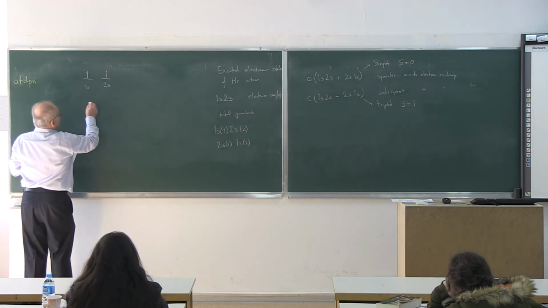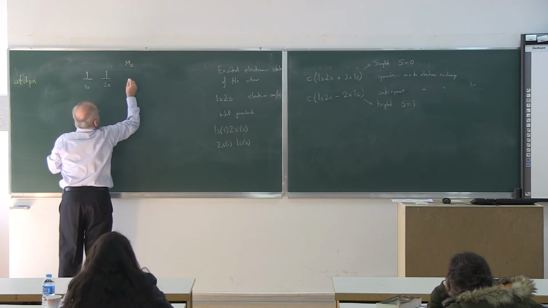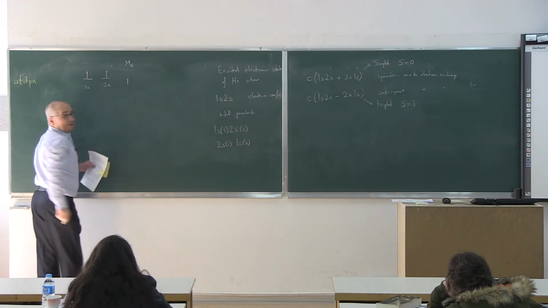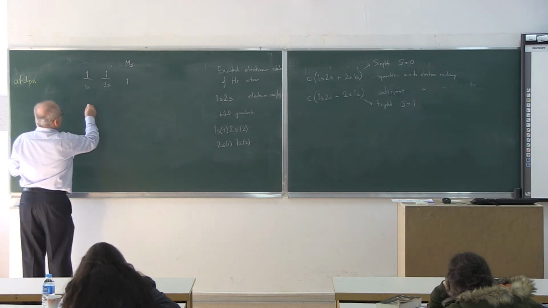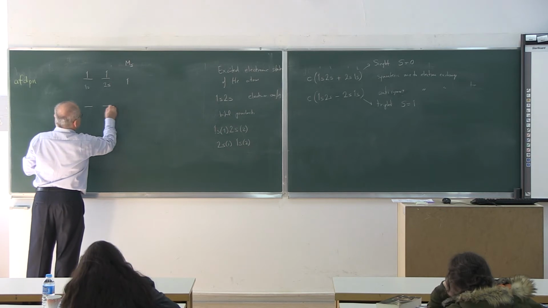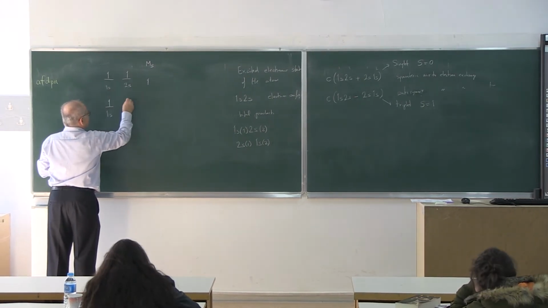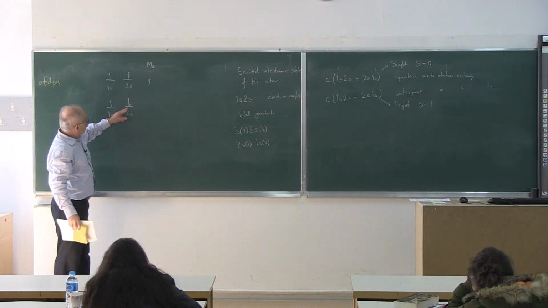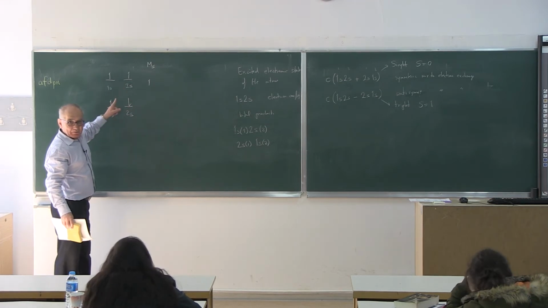Other spin arrangements: if you write ms as plus 1/2 plus 1/2, the total ms will be 1. In this case I have shown the second electron to have an opposite spin from the first one.